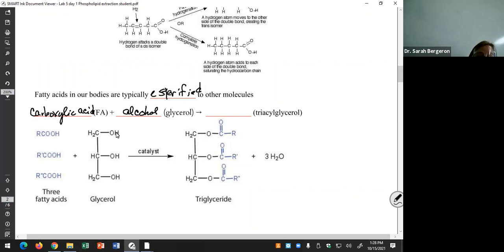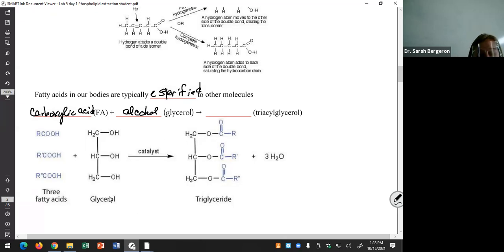What's going to happen is that I'm going to lose this hydrogen, and I'm going to lose a hydrogen and oxygen, and I'm going to end up with, what do we call this? This is a triacylglycerol, right? So 3 fatty acids hooked to 1 glycerol molecule. That's why they call it tri for 3. 3 tells us 3 fatty acids, and glyceride means that it was derived from glycerol, right?